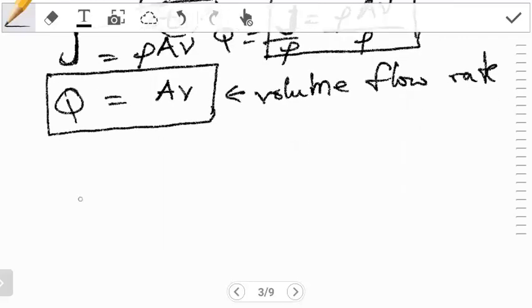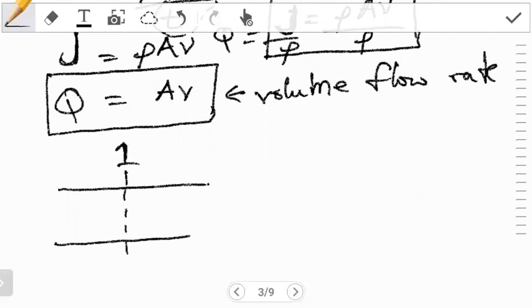Now lastly, one thing I want you to look at is, if you have a tube, and inside you have a fluid, and you pick your boundaries. Let's say this is point 1, and somewhere in front, this changes in size. Let's say somewhere here it becomes bigger, and let's pick this point as point 2.